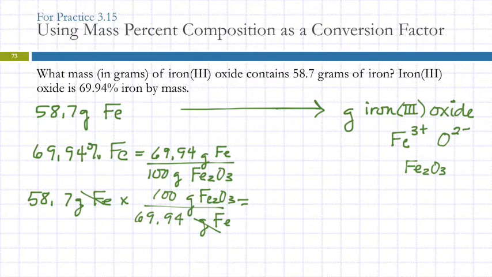So 58.7, turn the calculator on first, times 100 divided by 69.94 equals. So this should have 4 sig figs. 83.92, there's 4 sig figs. Toss on a couple extras just in case we rounded wrong or figured our sig figs wrong.